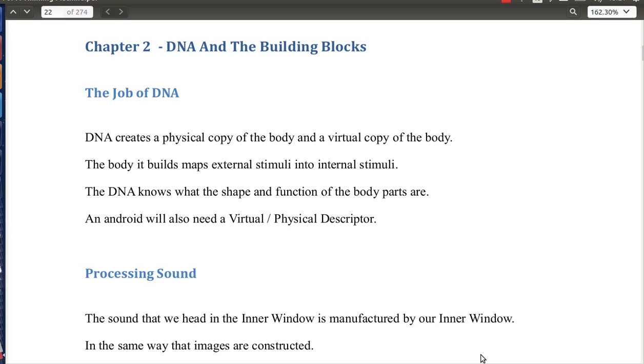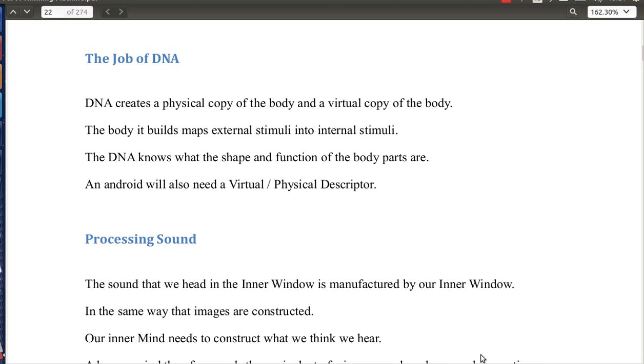So, in its simplest terms, what we have in a living being, according to this theory, is a physical copy and a virtual copy. The two parts of the being, the physical and the virtual, are basically encoded in the DNA, and there's a messaging protocol, and there's apps, and there's cell types.